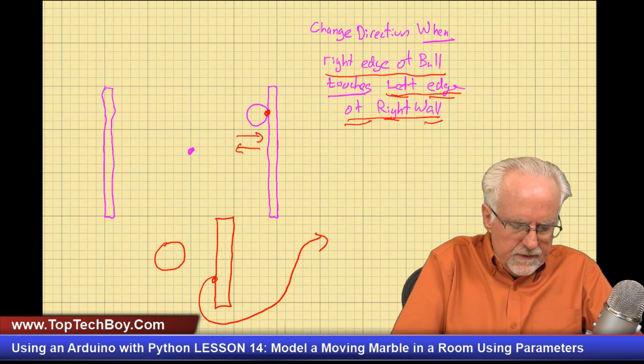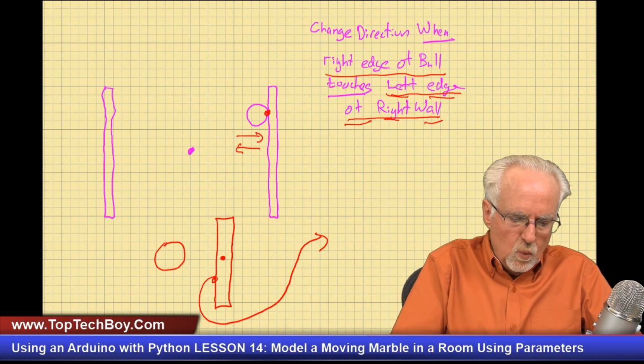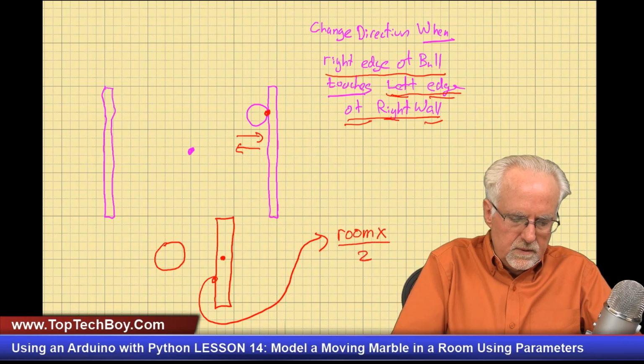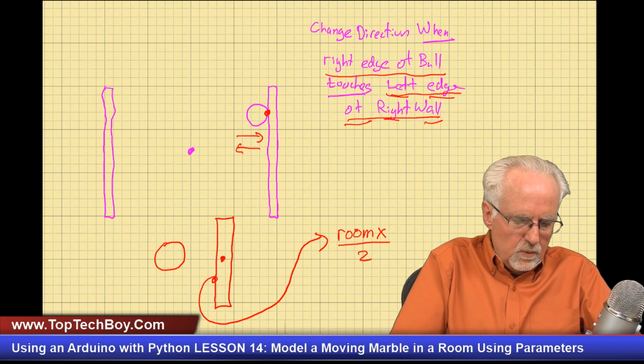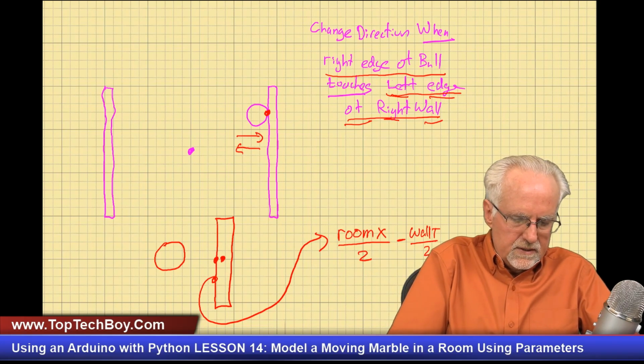Well, the center of the wall, we moved it over by room x divided by 2. So this position right here is room x divided by 2. But we don't want that. We want this position, which is room x divided by 2 minus wall thickness divided by 2. Does that make sense?